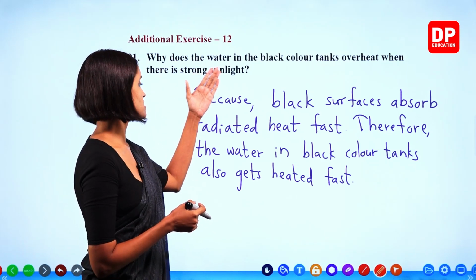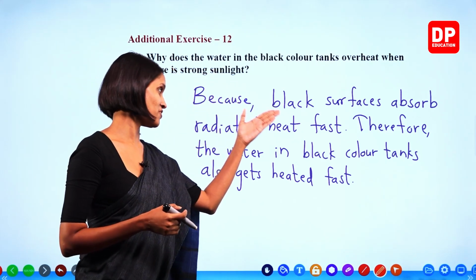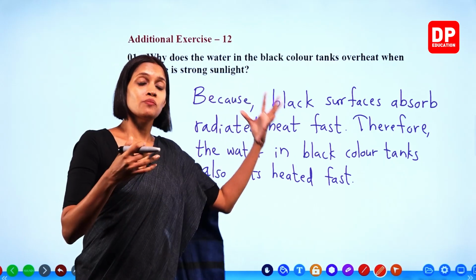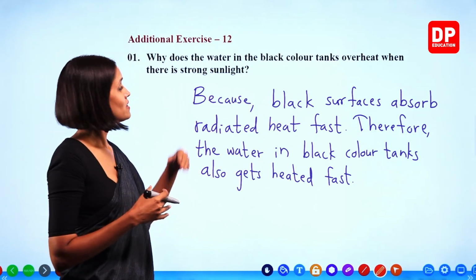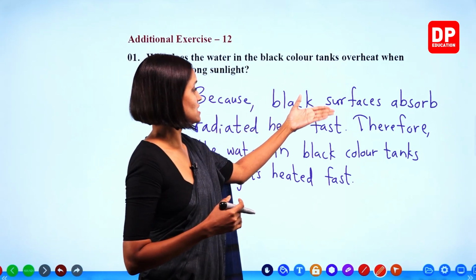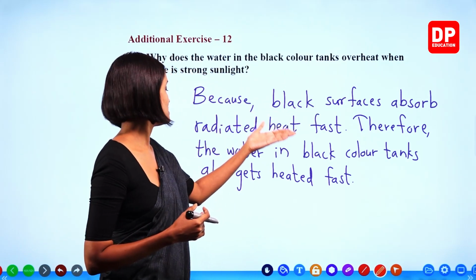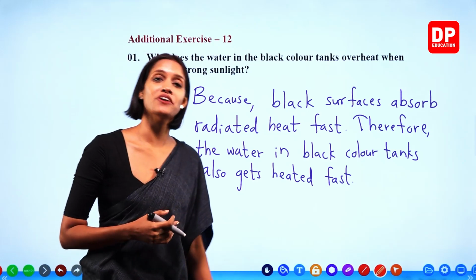Because black surfaces absorb radiated heat fast, which means the black colored tanks absorb radiated heat fast and make the water also get heated. Therefore, the water in black colored tanks also gets heated fast.